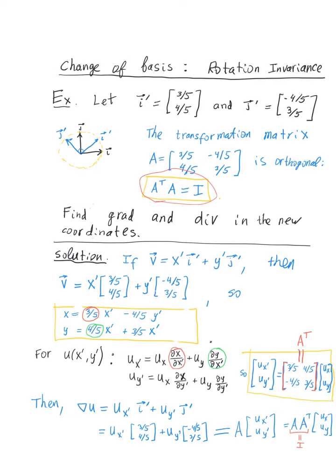So the final result is that our gradient vector in terms of the new coordinates is the same as the gradient vector in terms of the old coordinates. Okay, so that's how it works.